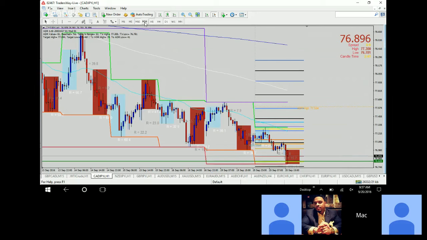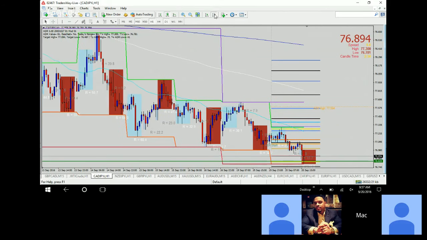We can buy now with a tight stop loss, or we can wait. You know what? Yeah, we're gonna wait for the price moving up away from the support area. We're gonna wait for it to go up and then come back down and retest it. Once it retests, then we get back in on the CAD JPY buy.